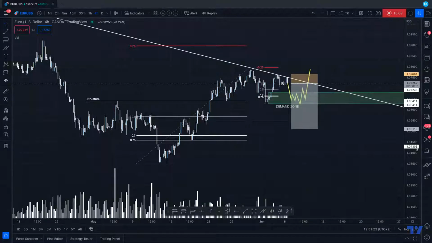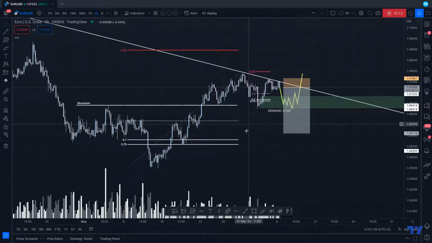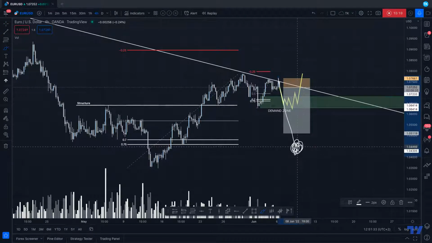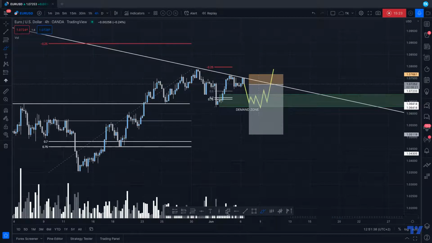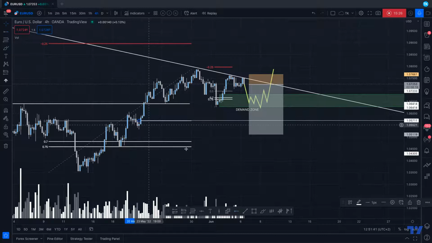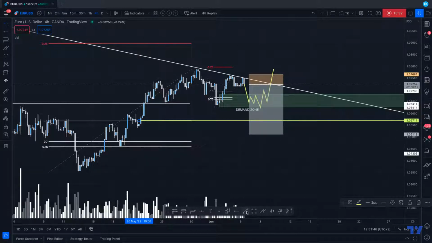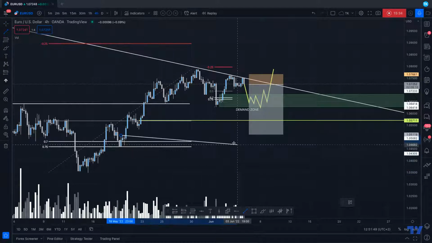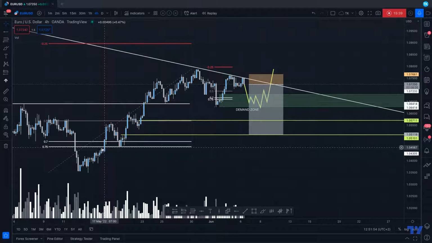So for today and the next days during this week, I will wait for the price to reach the discount zone, looking for a bullish trade, because we have a lot of inefficiency that must be balanced, basically. So this and this as well.